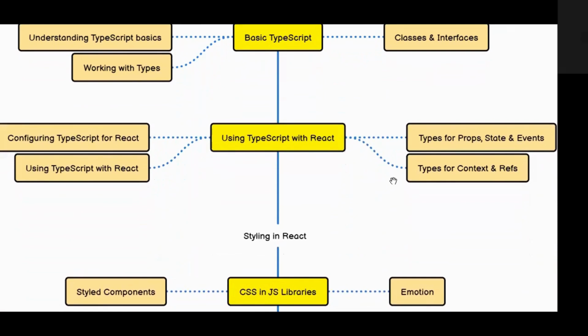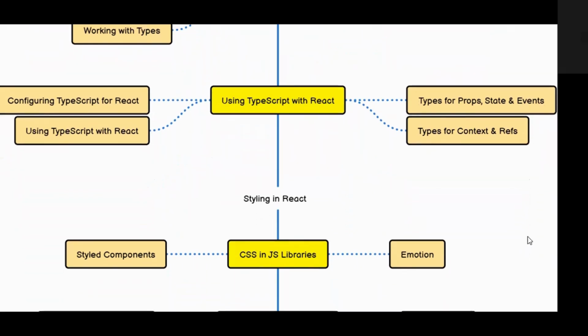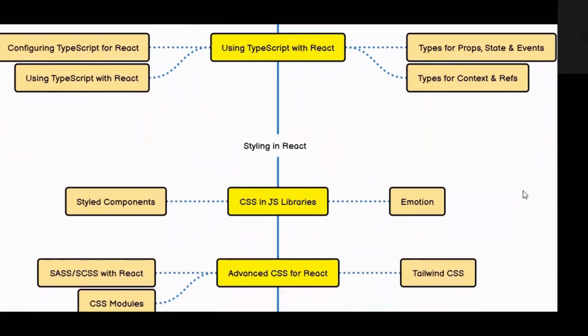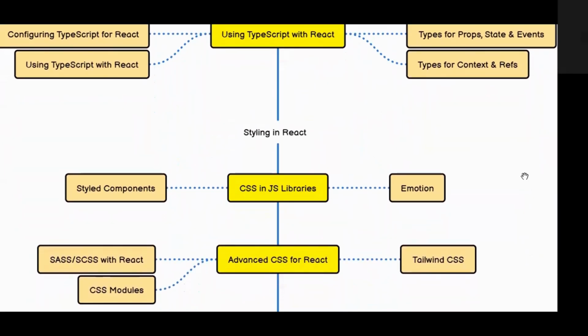And for styling in React, there are always some libraries in JS, some for animation, some for styled components, which you can use in your applications to reduce the development time, and some advanced CSS for React you can use, like CSS modules, Tailwind CSS, Sass.